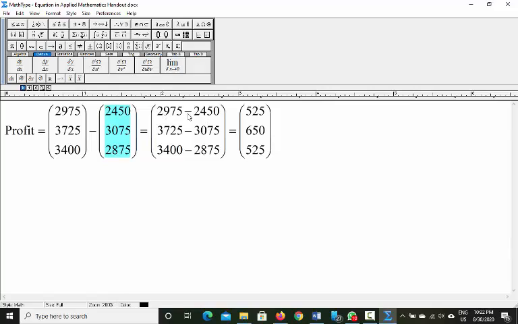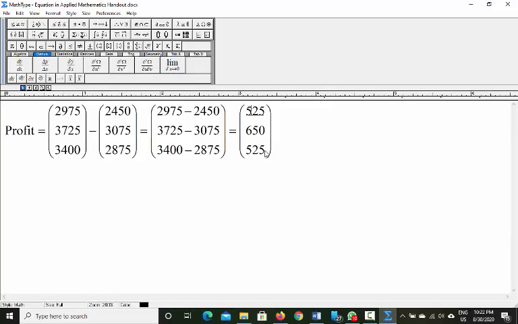So this minus this, this minus this, this minus this. The total profit made by each of the salespeople is this. Salesperson 1 is making $525 profit per month. Salesperson 2 is making $650 per month.